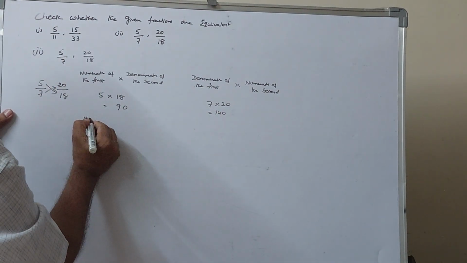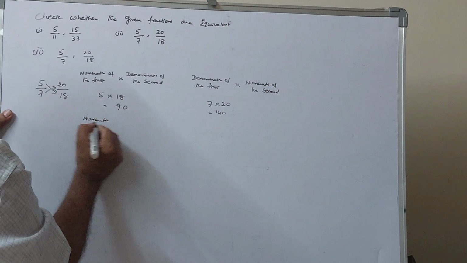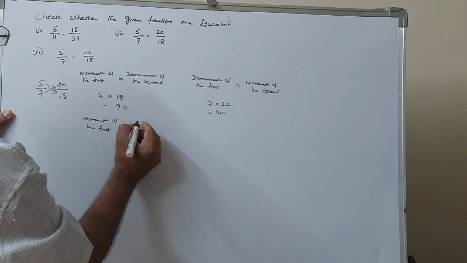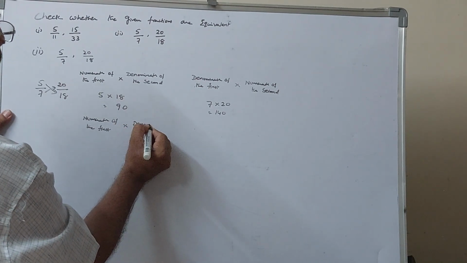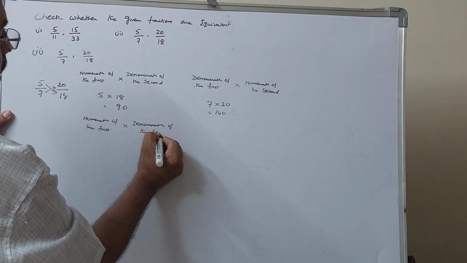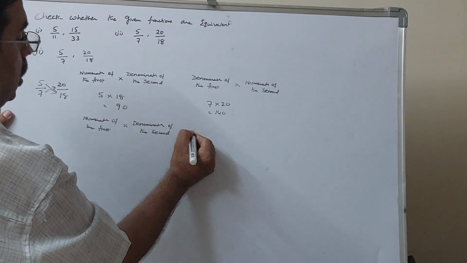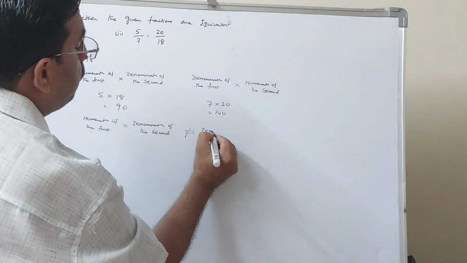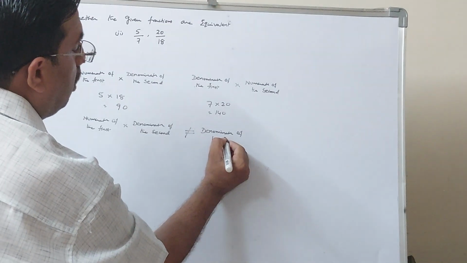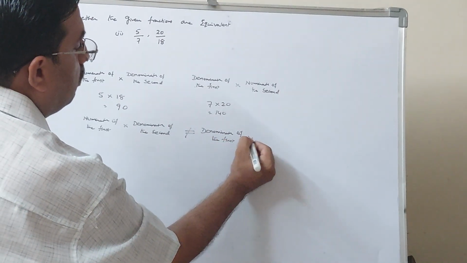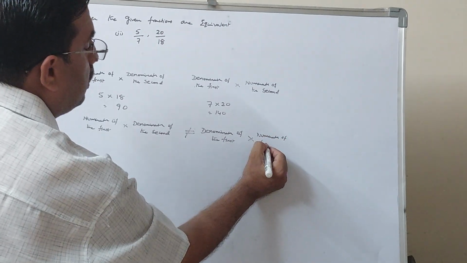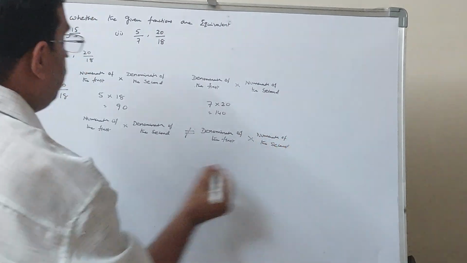So numerator of the first into denominator of the second is not equal to denominator of the first into numerator of the second.